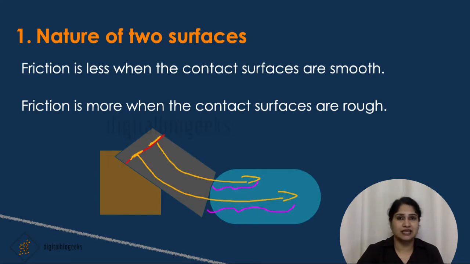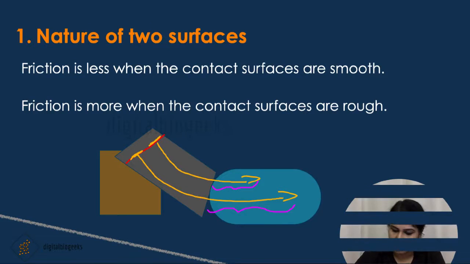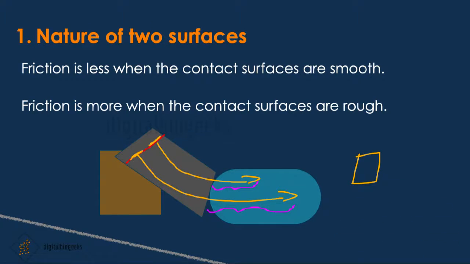For example, take the case of the book placed on a tabletop. Now, even though the book and the table look smooth, they have minute irregularities on their surfaces. This is the book surface and this is the table surface.